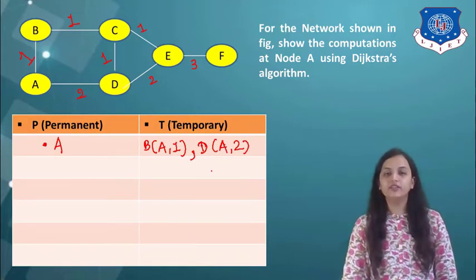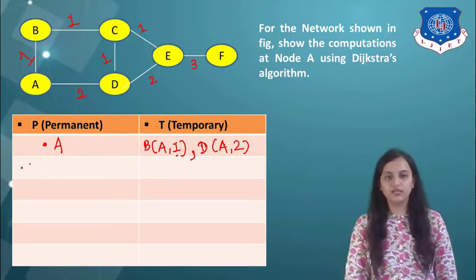Now when we have these temporary nodes, you need to shift these values on the permanent side by selecting the smallest value. The target is to send all the nodes on the permanent side. Once they all reach the permanent side, we have to stop this procedure. So from all these two values, the smallest value is 1. So we have to shift it on the permanent side.